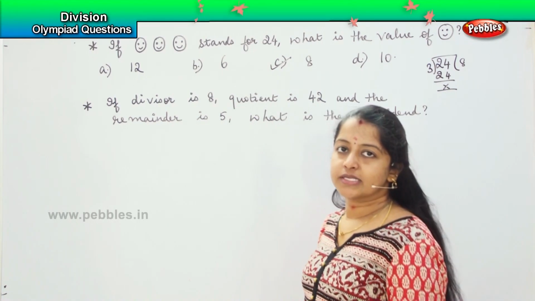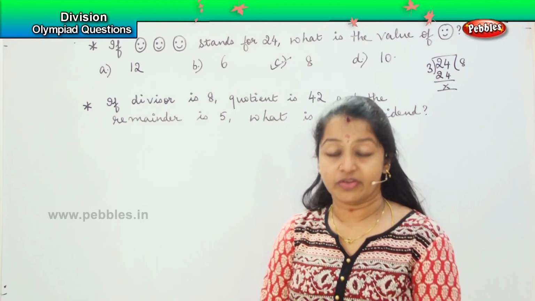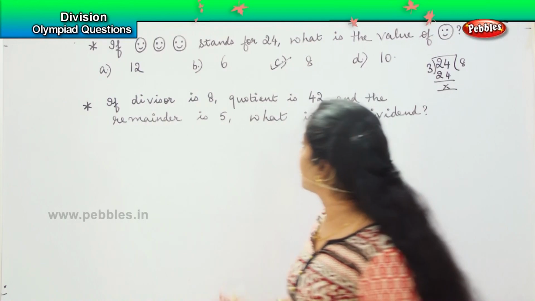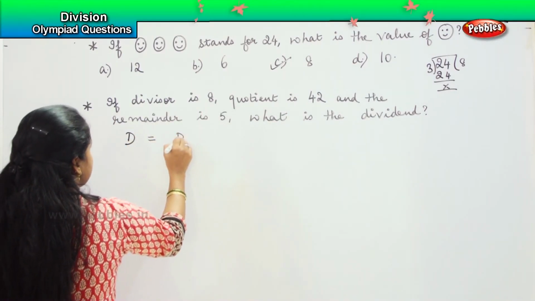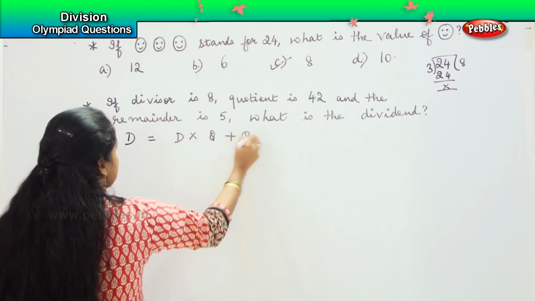Okay, so it is purely a sum which we will be doing based on the equation which we have learned, right? And what is the equation? The dividend is equal to divisor into quotient plus remainder.